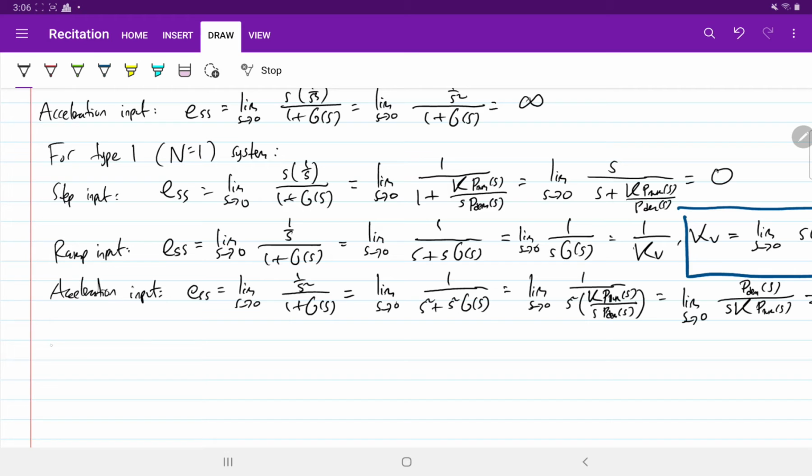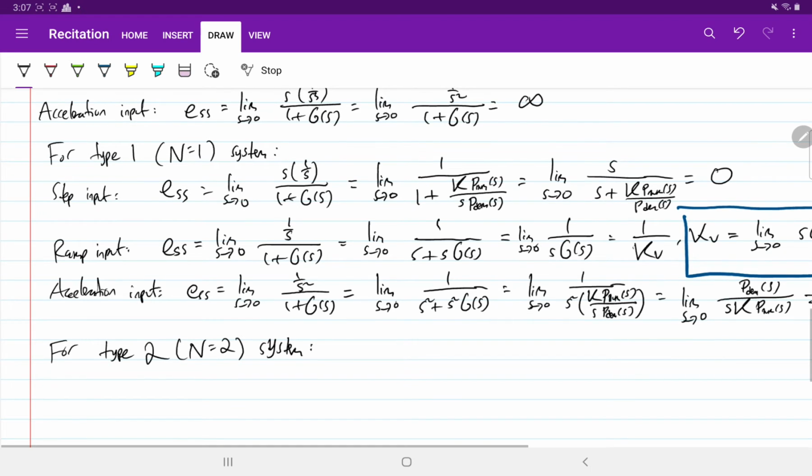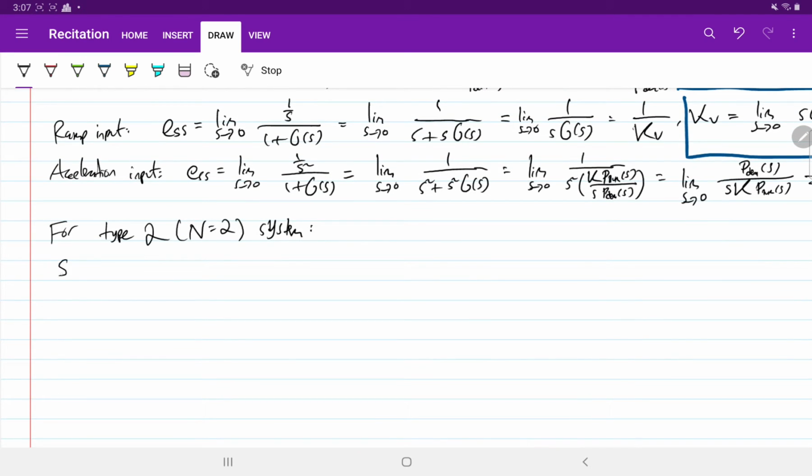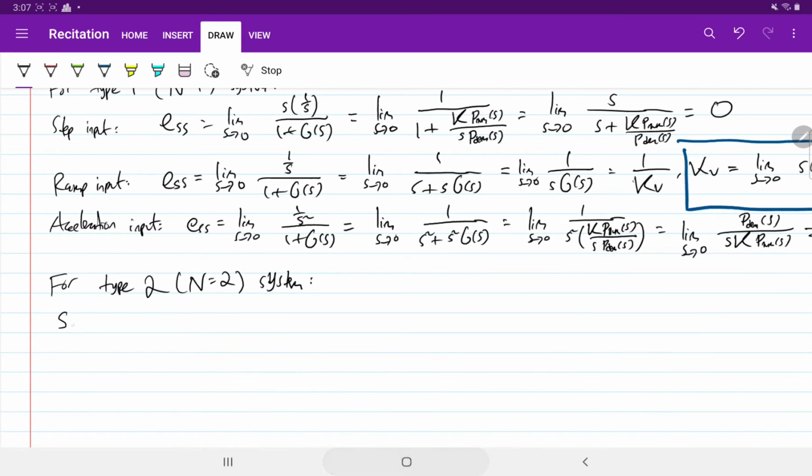The last type is type 2, or n equals 2. What happens if we are giving it a step input? Then the steady state error is limit s to 0 of 1 over 1 plus g of s, right?